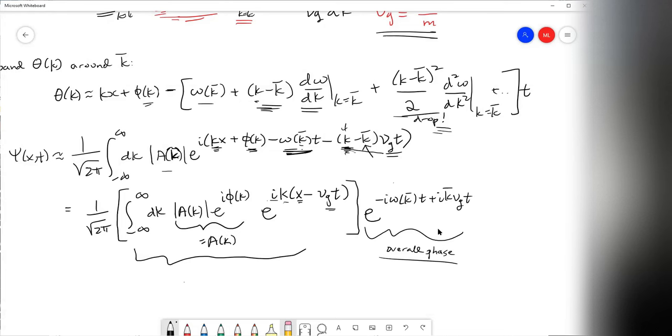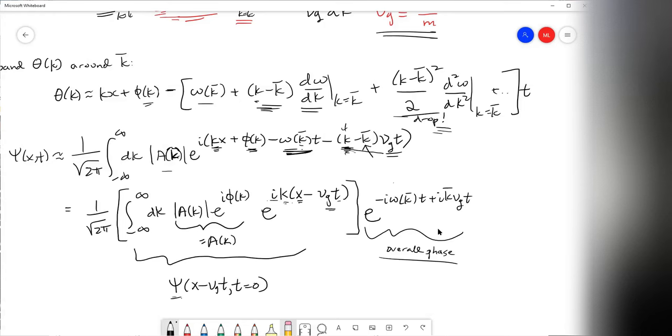So it's just shifted. If I undo the Fourier transform, inverse Fourier, then I just get back out the original wave function, except not at x, but at x minus v_g t, evaluated at t equals 0.